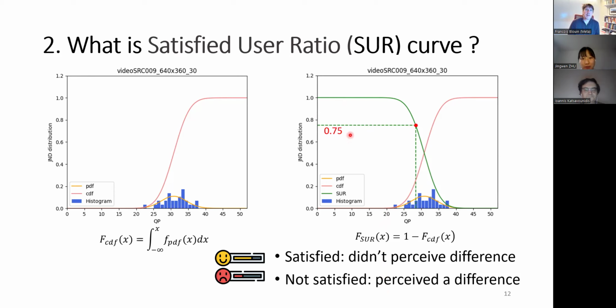So we did some analysis based on the trade-off between the bitrate and the threshold of the satisfied user ratio. For example, to satisfy 80% of people, we need to sacrifice much more bitrate. So the results show that 75 is quite a good compromise. This paper hasn't been published, but yeah, this is a very good question.